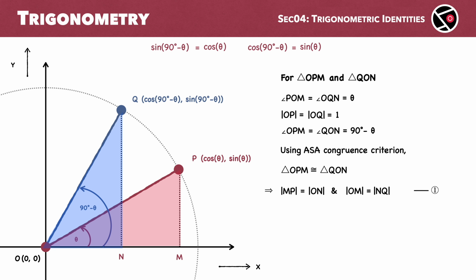Just a reminder, we are only comparing the lengths of the sides here. You will notice I have put vertical bars around MP, ON and other sides. That's a symbol for modulus. It means we are looking at the size or length of the side, not whether it's positive or negative.